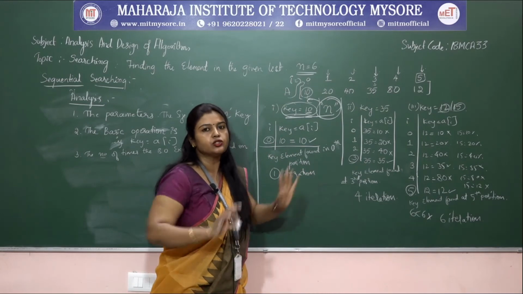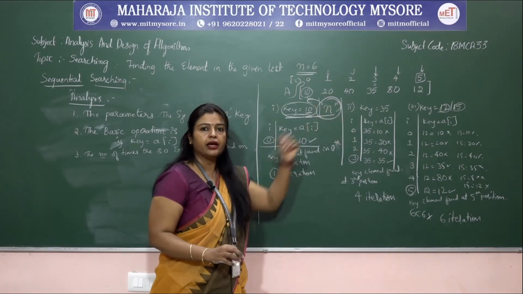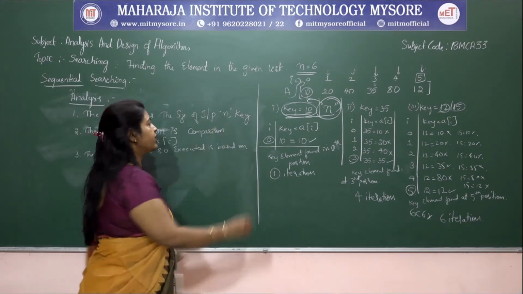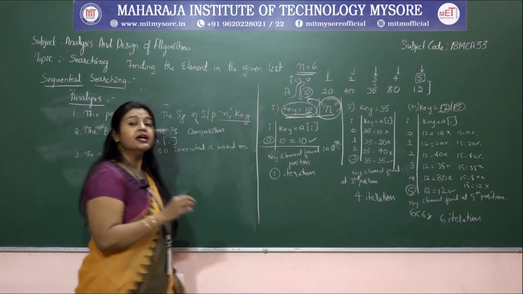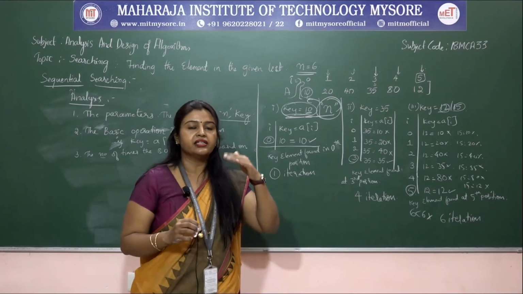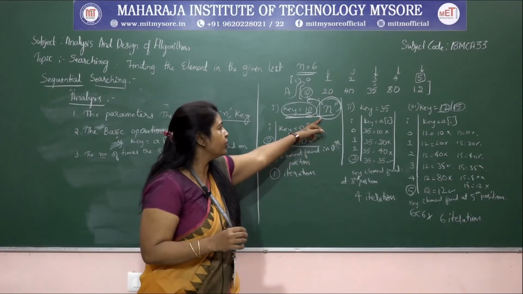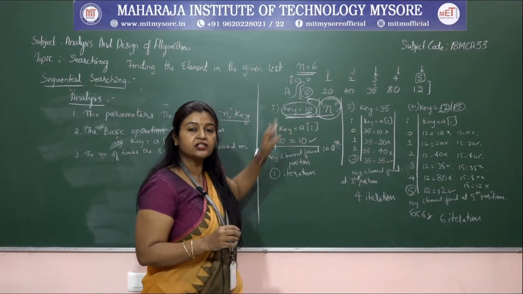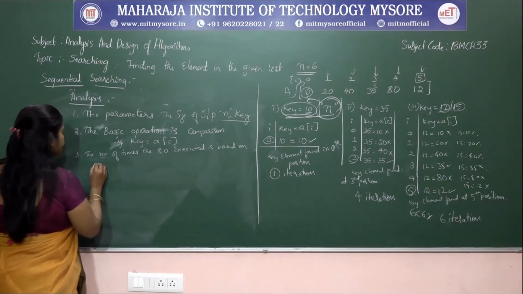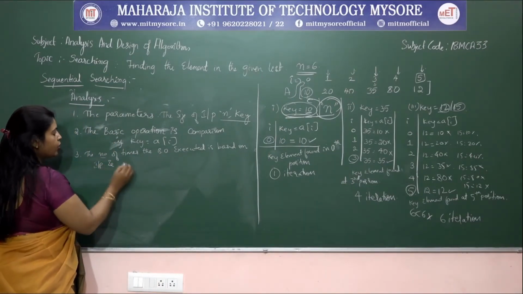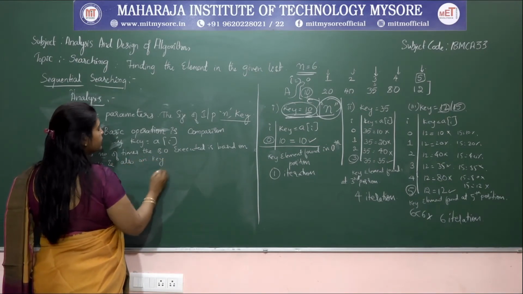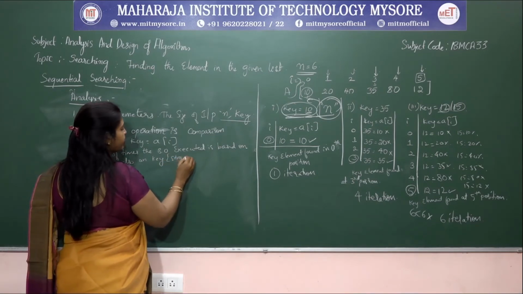Key element found, we just stop it. We are not touching the n minus 1 elements over there, right? Because of that, the extra factor is also there, that is the key element, right? The number of times your basic operation is executed is based on your input, and the key element is also there. That is called the extra factor, based on input and also on the key element.